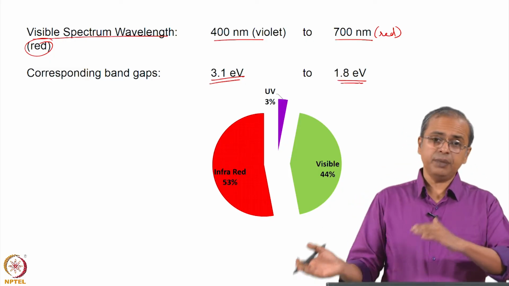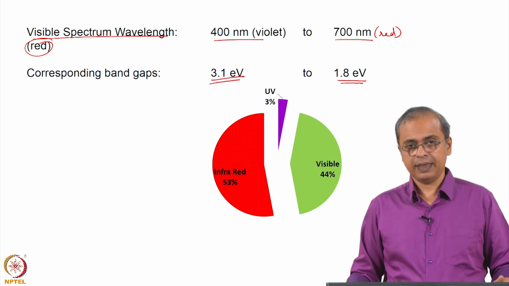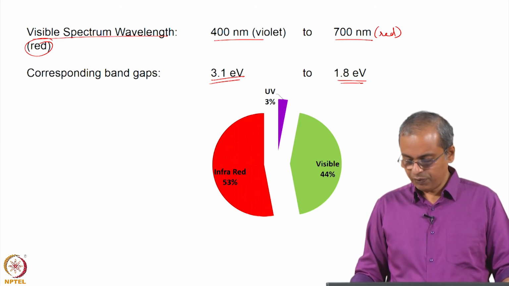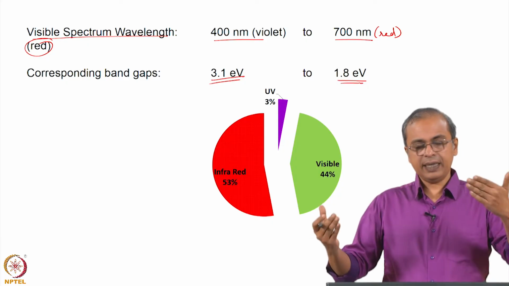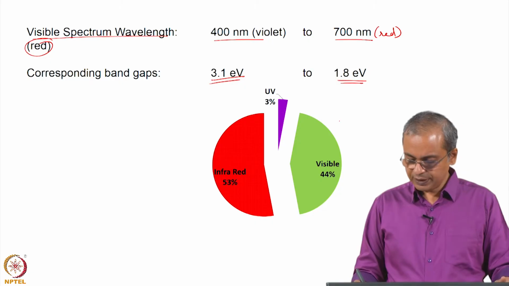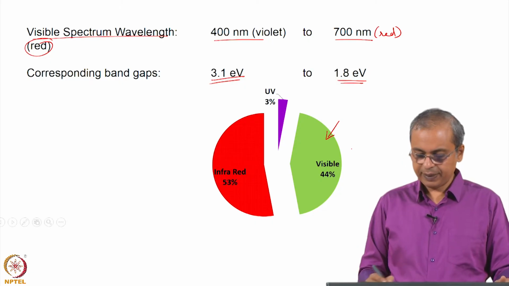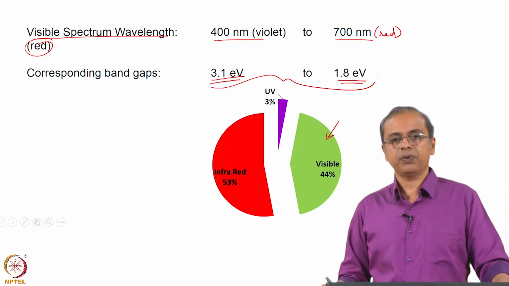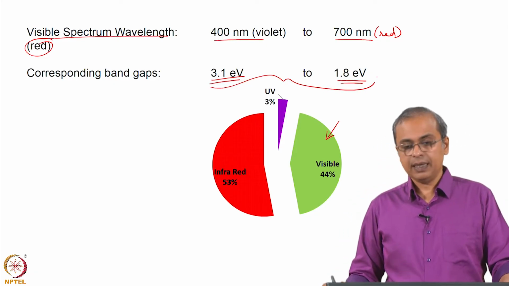If you see the distribution of energy, the intensity across the spectrum, then you will find that if you look at light that arrives on the surface of the earth, 44% of it is in the visible spectrum. So, 44% of it falls in this range, 1.8 to 3.1 electron volts.